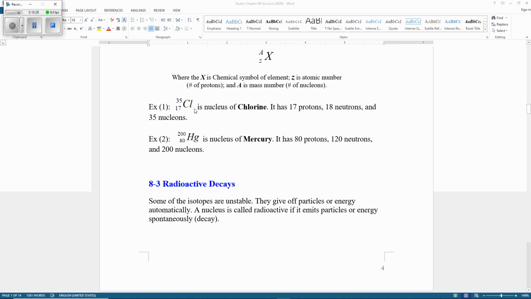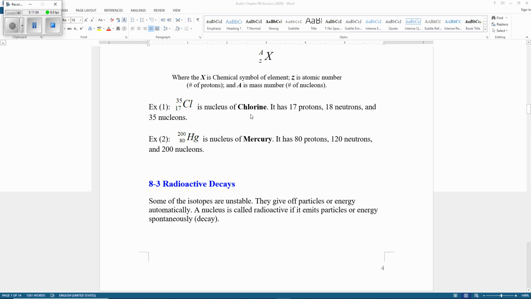If I give you a sample like this in the quiz or in the test, what kind of information can you find? So this is Cl, and the number on the left side, the bottom, is 17, and the top is 35. Cl tells the name. By the way, I will give you a periodic table, so you can use the periodic table in the test. If you check the periodic table, number 17 gives you chlorine.